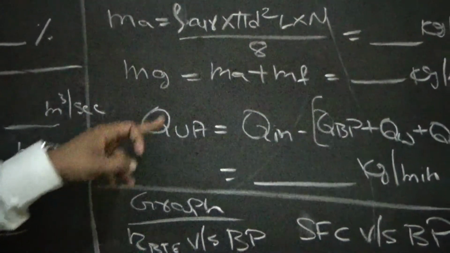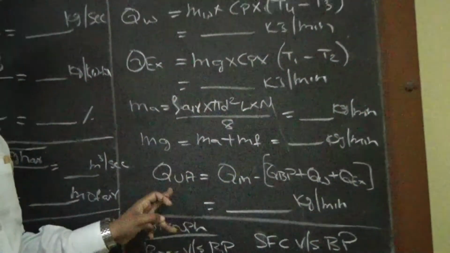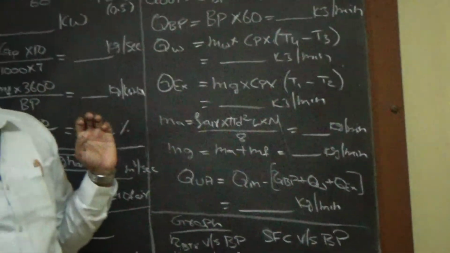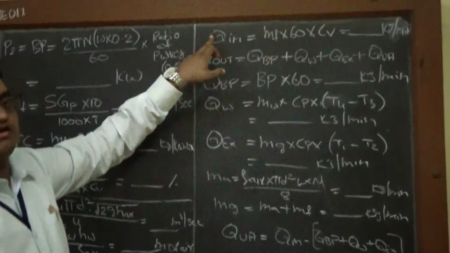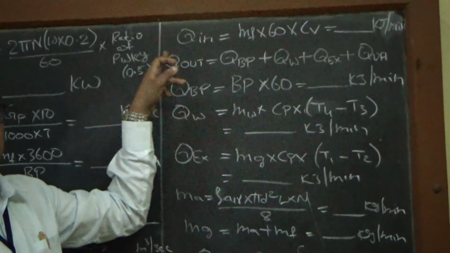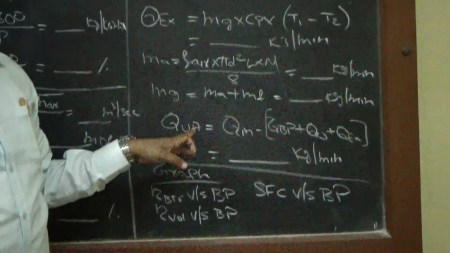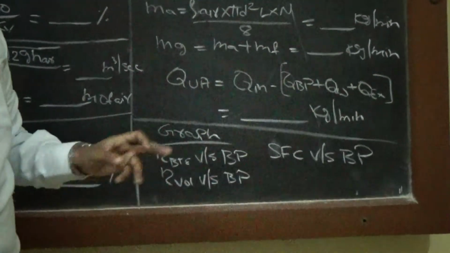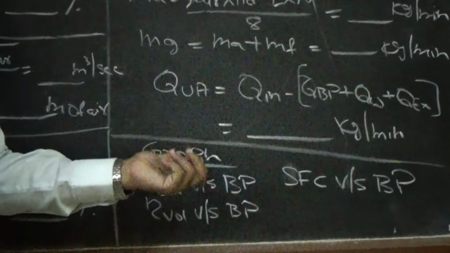Following this, the unaccounted losses: obviously it's the energy conservation theory, energy can neither be created nor destroyed. Q in has to be equivalent to Q out, and Q in minus all of this together should be the unaccounted heat losses.